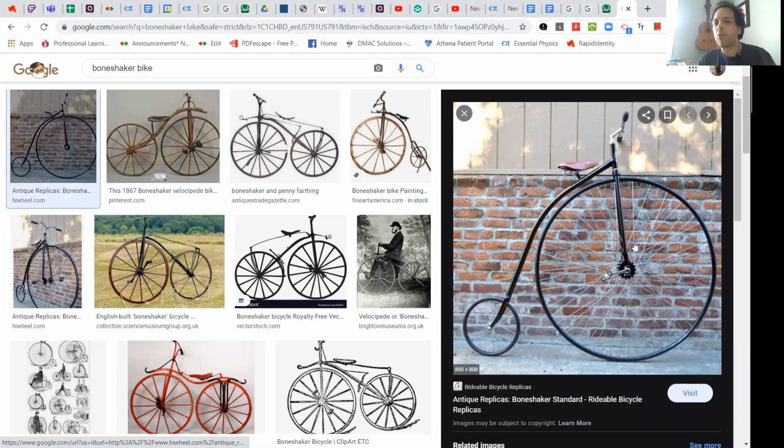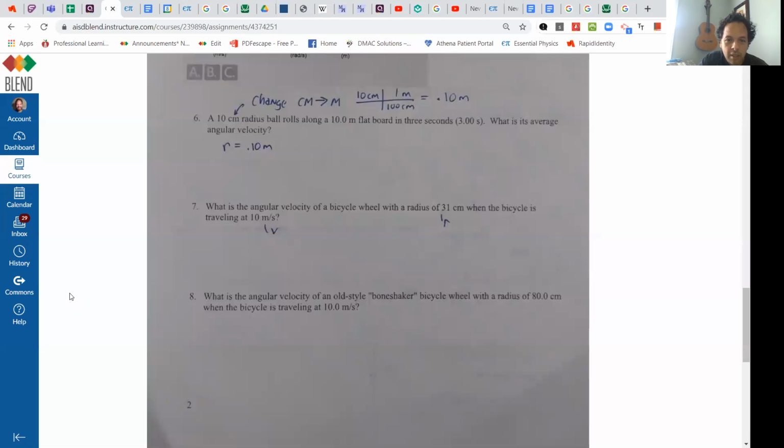So why would they want big wheels, right? So you can go faster. Because let's look at that problem. If your radius is large, what is the angular velocity? What was the equation?